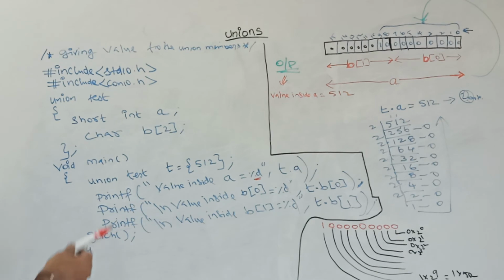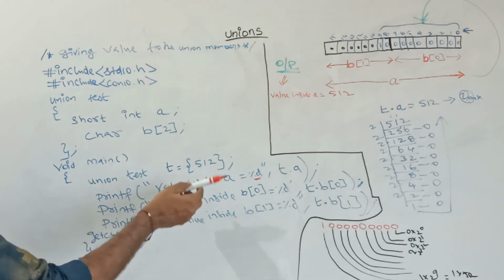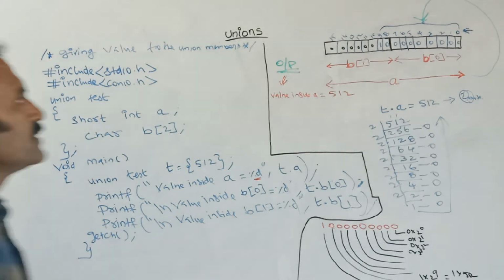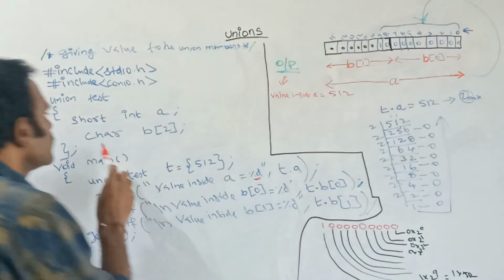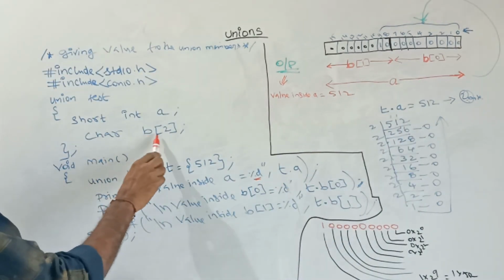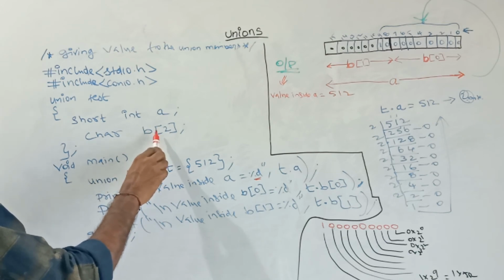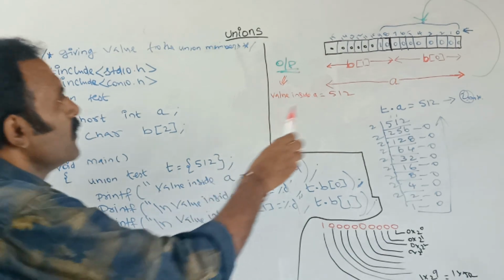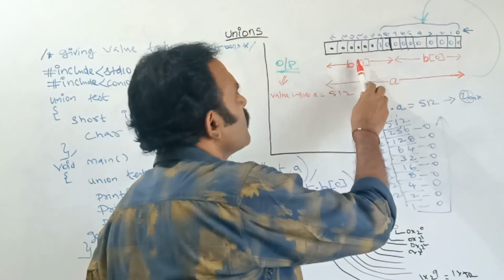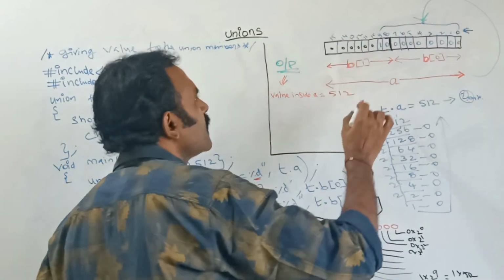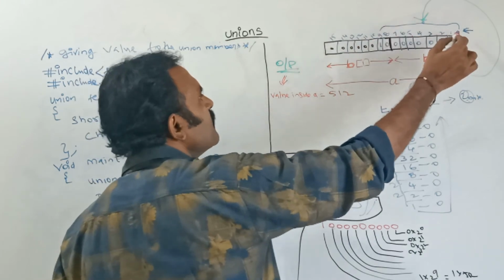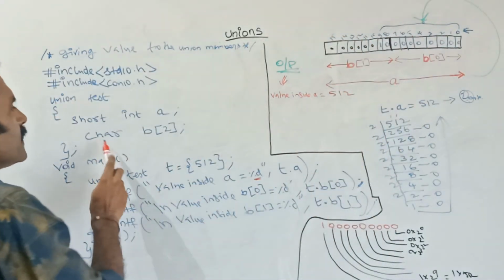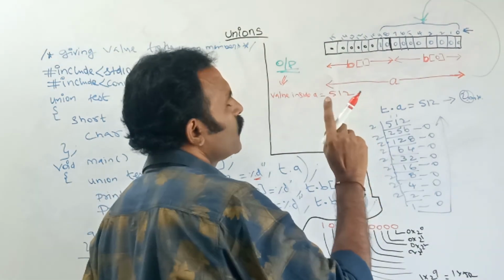Next, here I am telling to print the value inside the B of 0. See, as the character data type is 1 byte, here I had allocated the memory for 2 bytes, that is B of 0 and B of 1. See, as the short integer is 2 bytes, it starts the value from 0 to 15. Here for the character data type, the default size is 1 byte only.